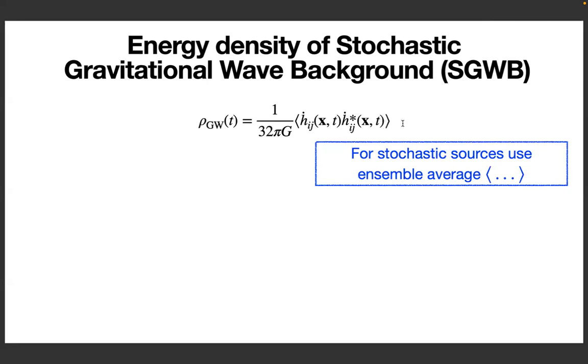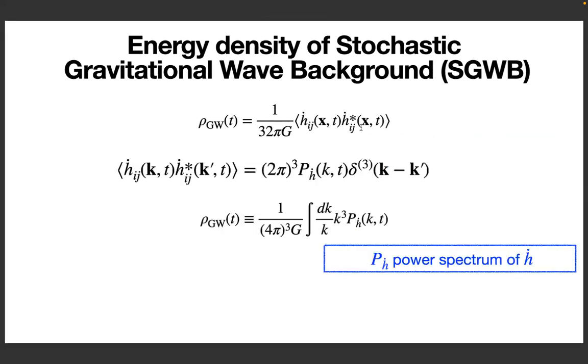Instead of taking a volume average, I am taking an ensemble average of this 2-point function of the gravitational wave modes. And here I am using isotropy and homogeneity, such that the power spectrum of the time derivative of the tensor modes is defined in this form from the 2-point function of the gravitational waves.